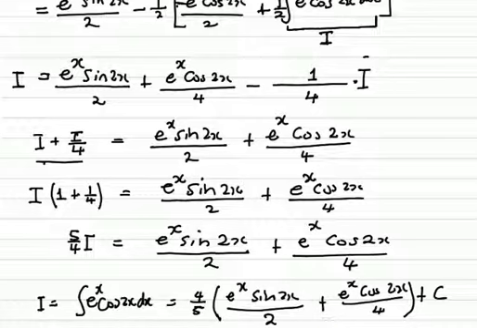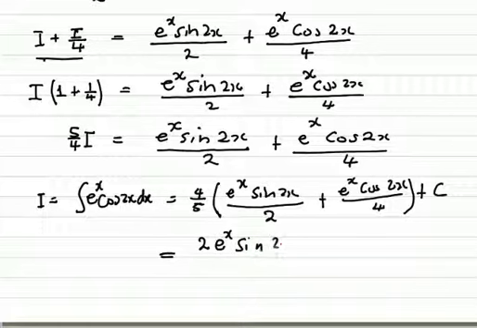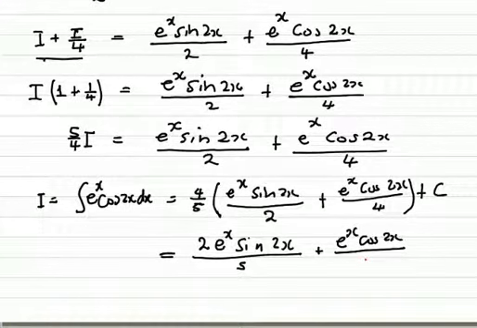Then what is left now is just to simplify this integral, which we can simplify as follows. This 2 and that 4 will simplify, so we get 2 e to the power x sine 2x all over 5, and then this side we're going to have e to the power x cosine 2x all over 5 plus c.